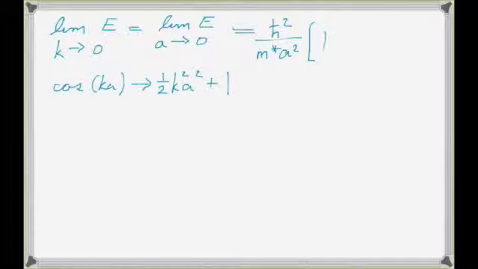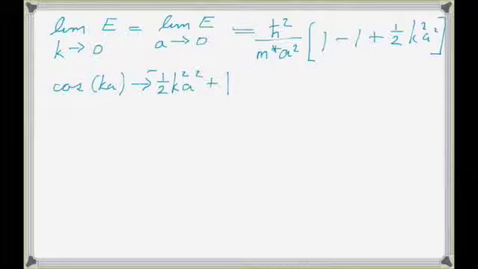So I have 1 minus 1, this is a minus sign here, plus 1/2 k squared a squared, because cosine Ka goes to 1 minus 1/2 k squared a squared.